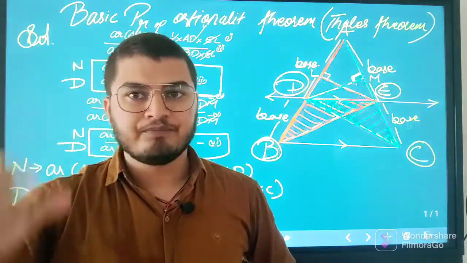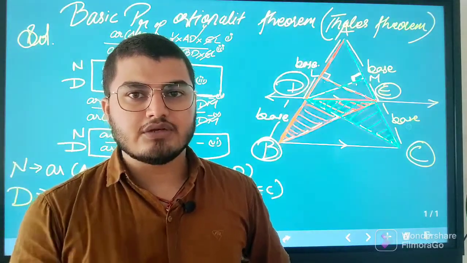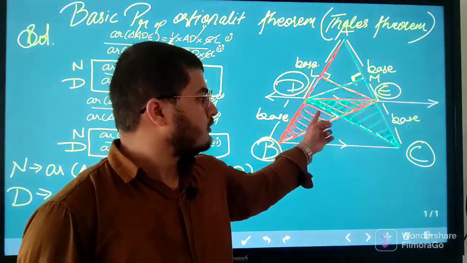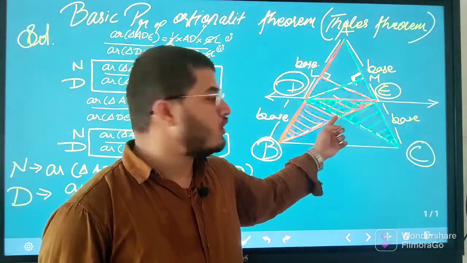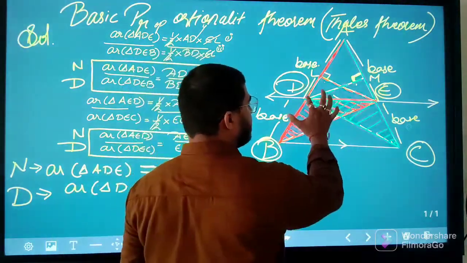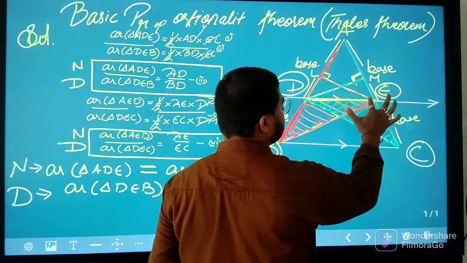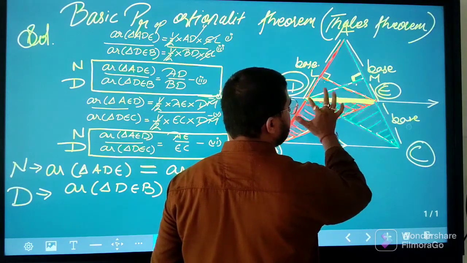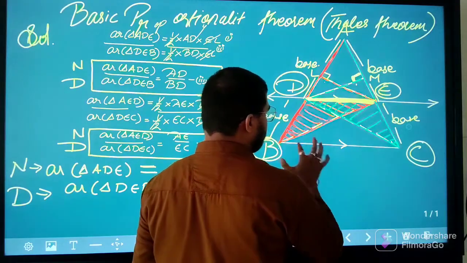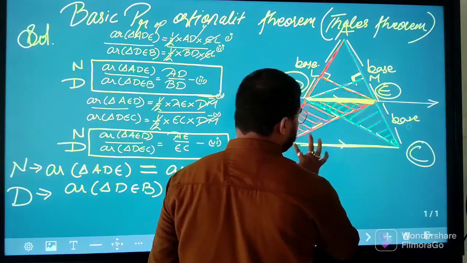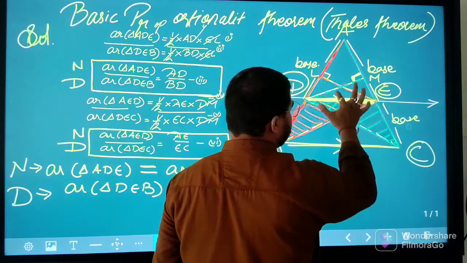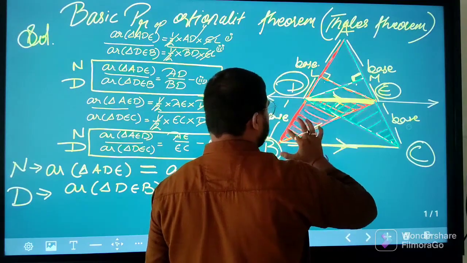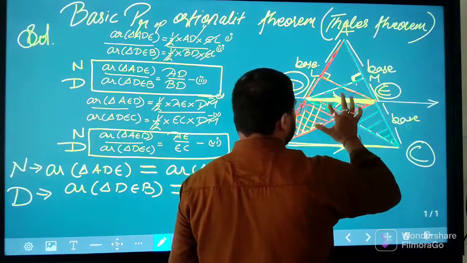The theorem says that when two triangles are drawn on the same base, here the same base is DE, and they are between the same parallel lines, their areas are equal.